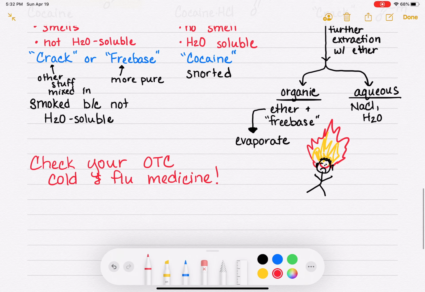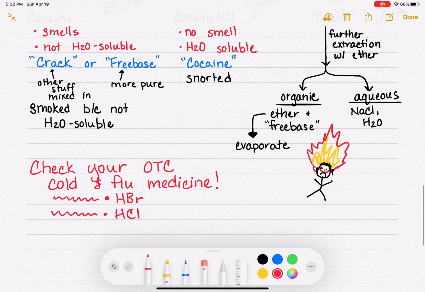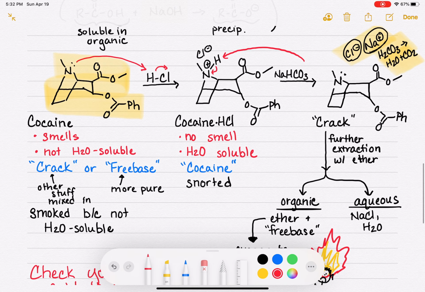You're going to find a lot of substances that have some sort of chemical name, and then it'll say .HBr or something HCl, or maybe the dot won't be there. Maybe they'll spell it out, something hydrobromic, or something hydrochloric. This is because this exact same process is very applicable for a lot of pharmaceuticals.